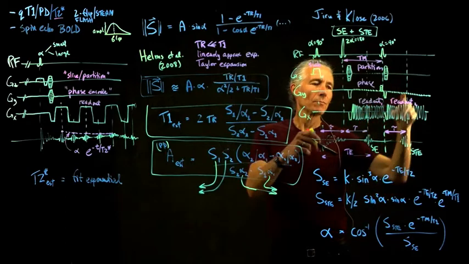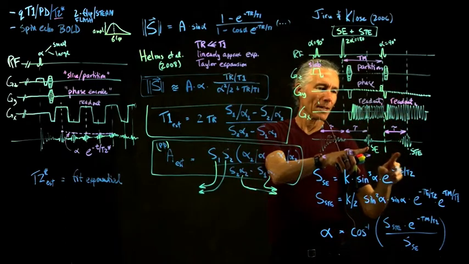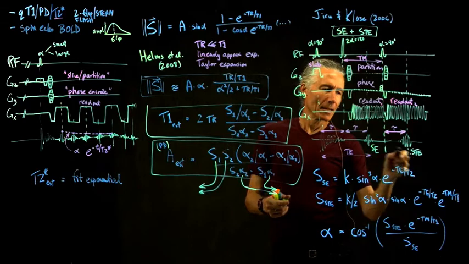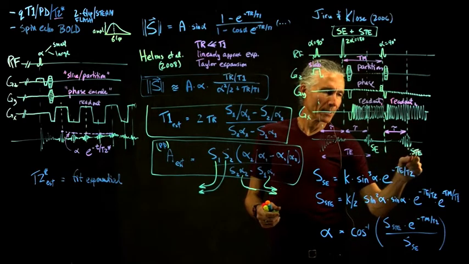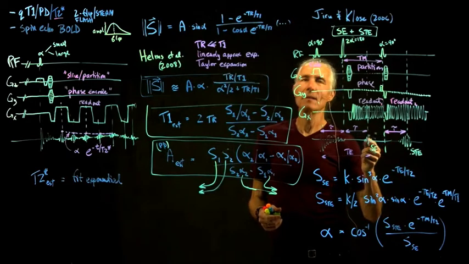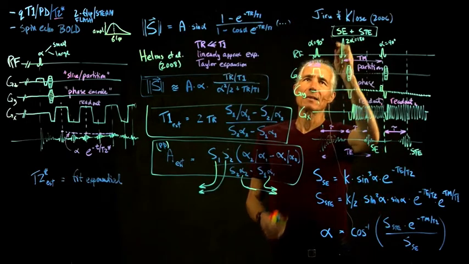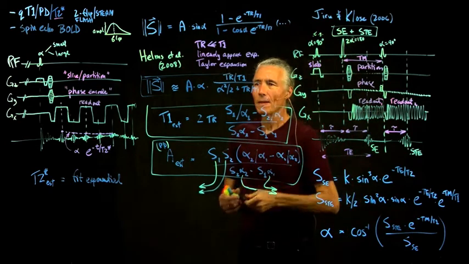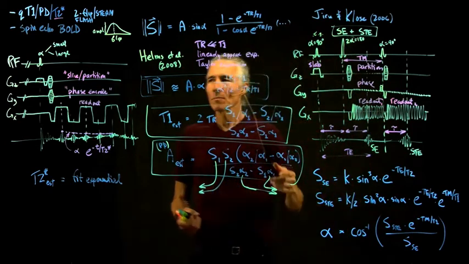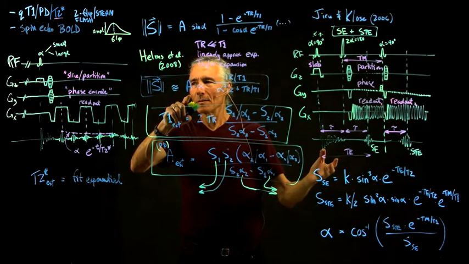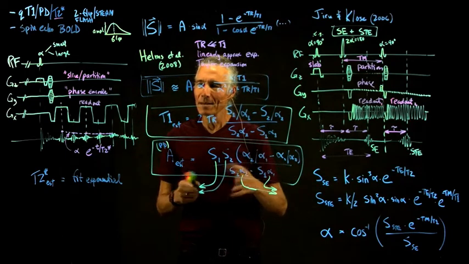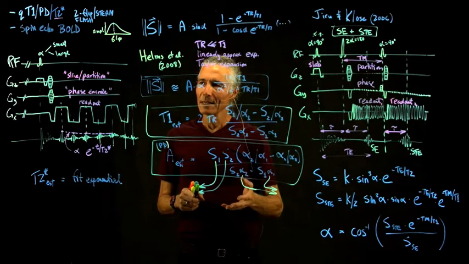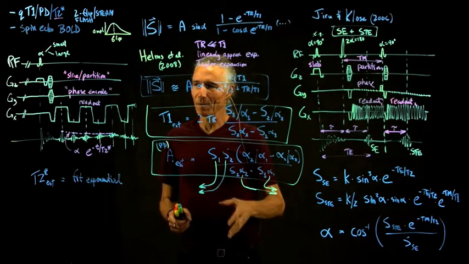We get a spin echo and a stimulated echo for one particular flip angle, for example 90, but it doesn't have to be 90. But we then need to do a different flip angle because there might be some dependence on what the flip angle is as to the inhomogeneity of the flip angle.